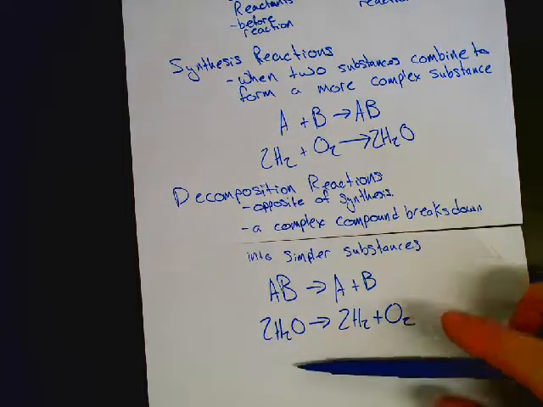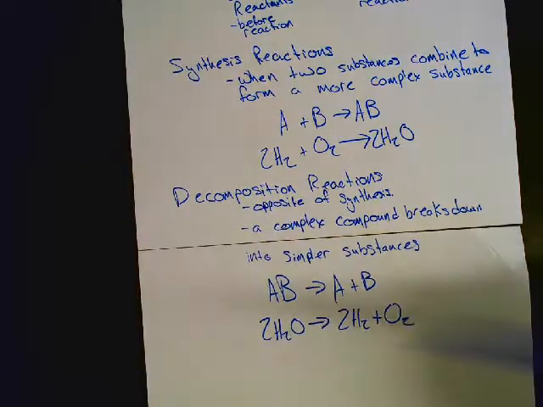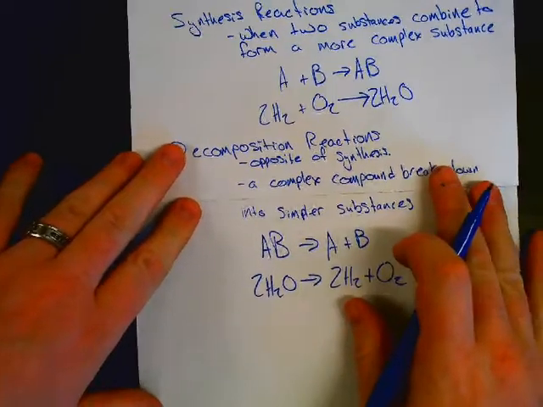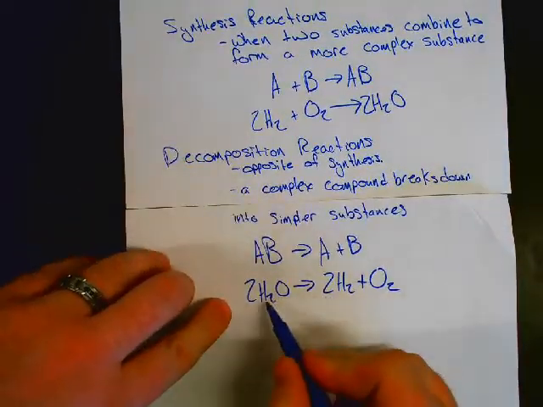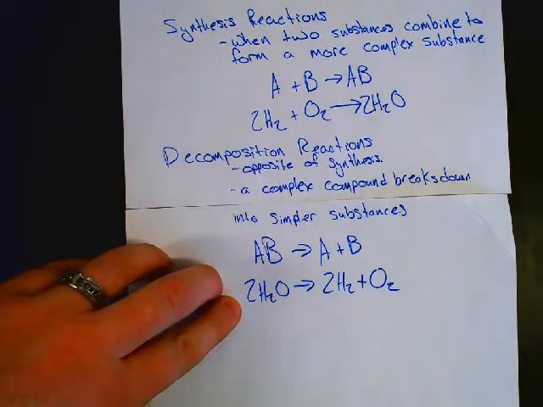This is a process that we call electrolysis, and it works by putting electricity through water. Do not try putting electricity through water at home. Not a good choice. So we'll do it in class. Okay? So we can take water, break it apart into hydrogen and oxygen.